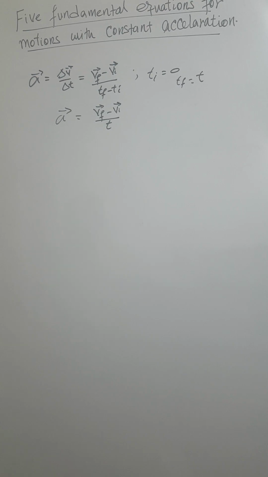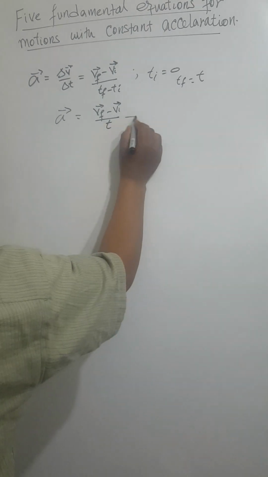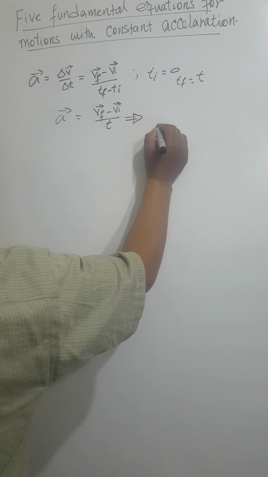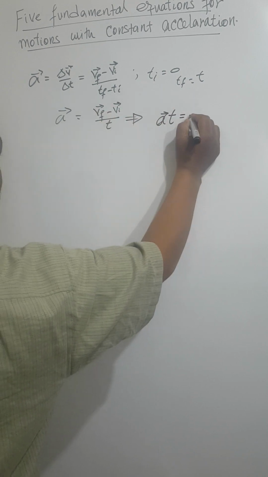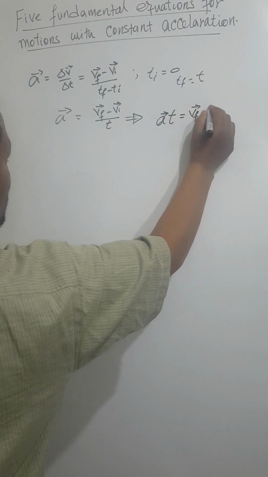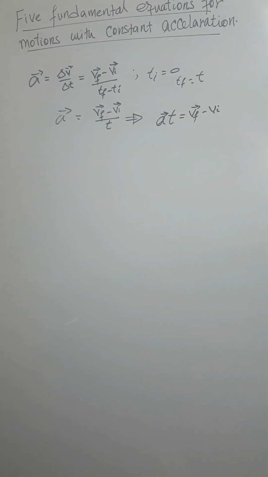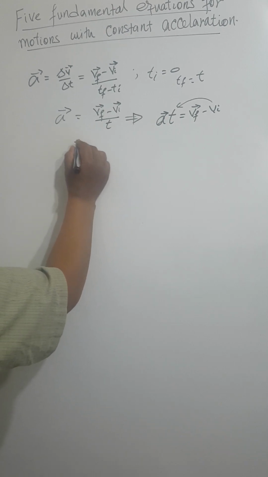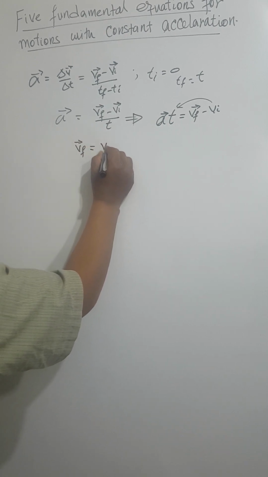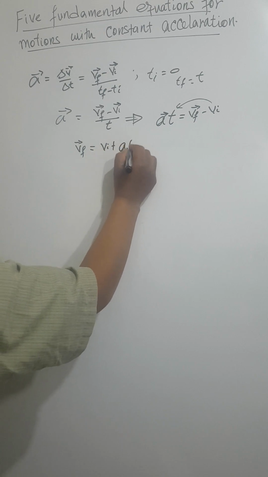So from this, we can have acceleration multiplied by time is equal to change in v, Vf minus Vi. Now taking Vi to the other side, Vf is equal to Vi plus a times t.